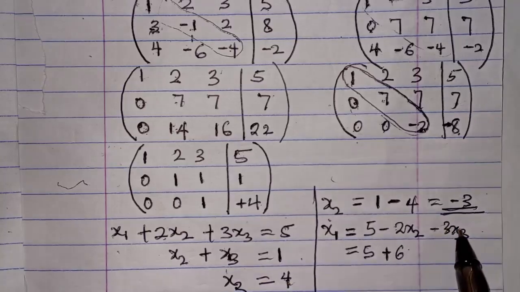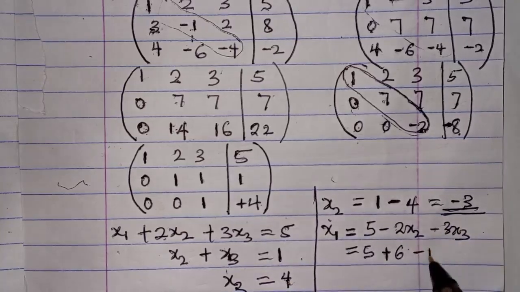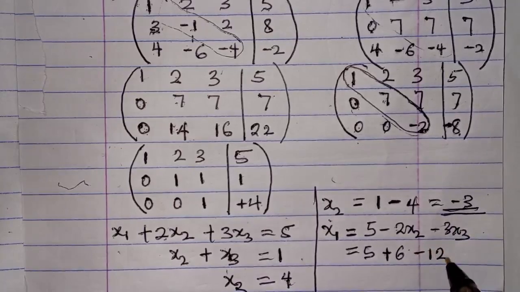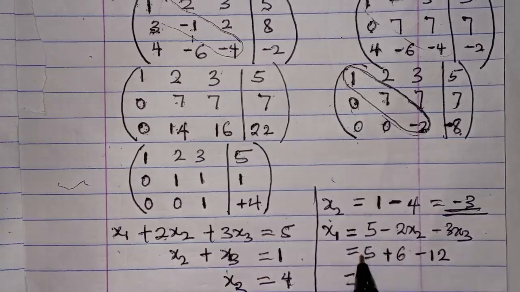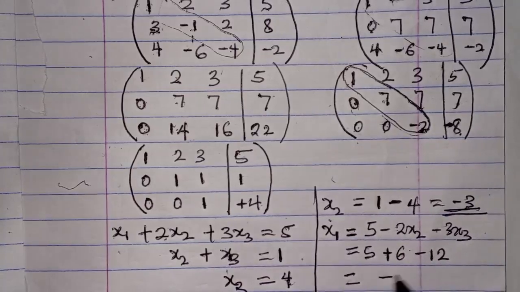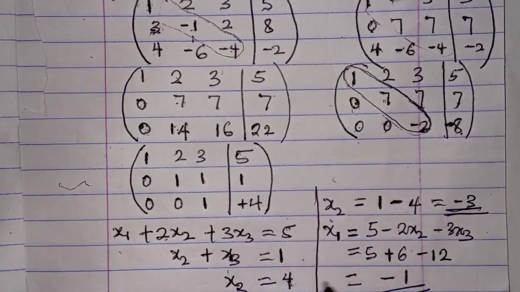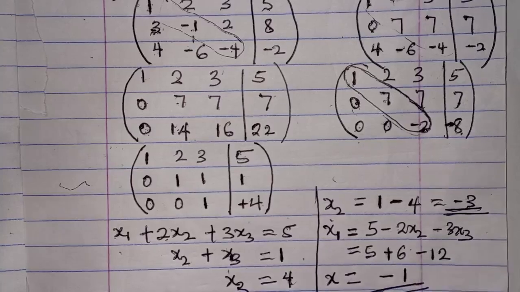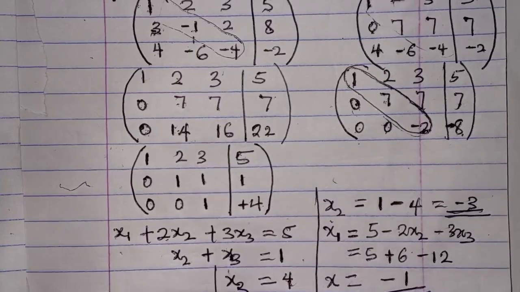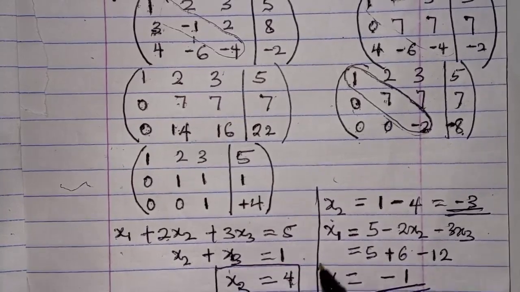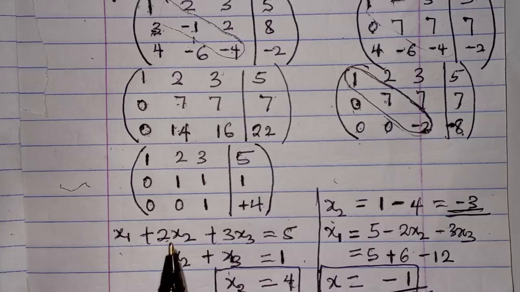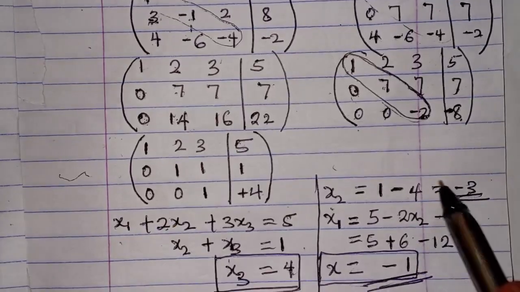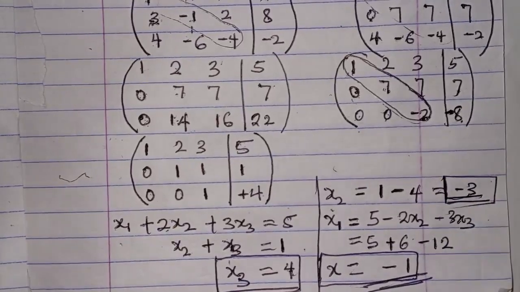Minus 3 times 4 is minus 12. You get it? So 5 plus 6 is 11. 11 minus 12 is minus 1. So x1 is equal to minus 1. So these are the solutions. x3 equal to 4, x1 equal to minus 1, and x2 equals to minus 3.